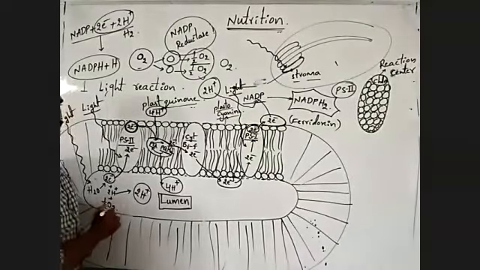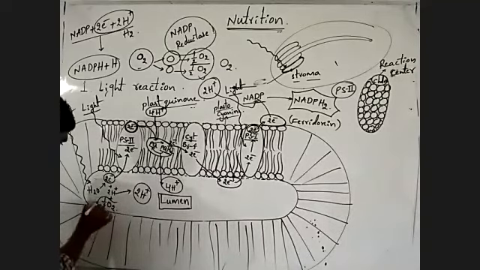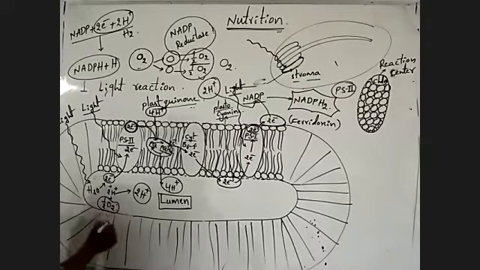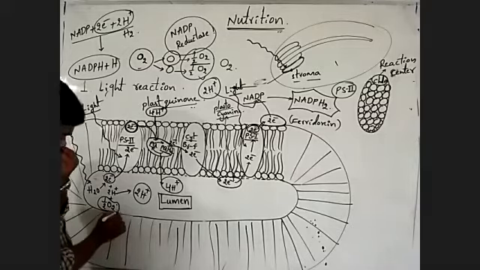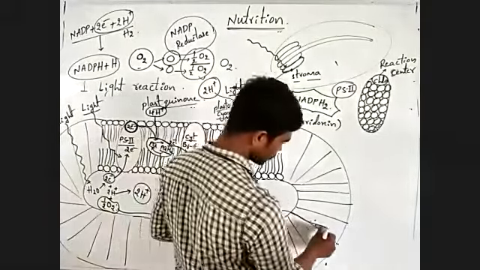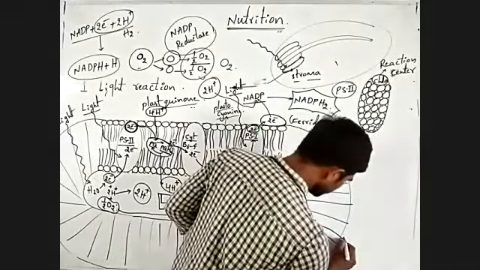Now this formed oxygen is diffused out of the thylakoid membrane into the stroma.